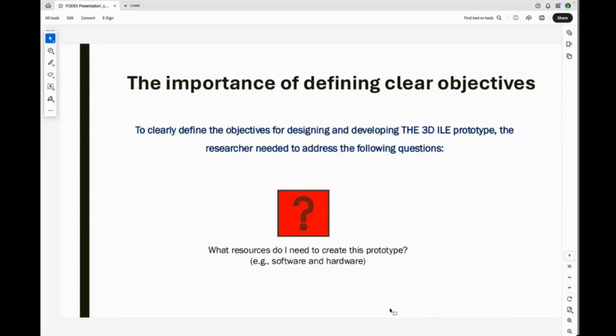And for me to address all these questions, I adopted a design thinking approach, because design thinking is a non-linear, iterative, and problem-solving approach that emphasizes understanding users and their needs.